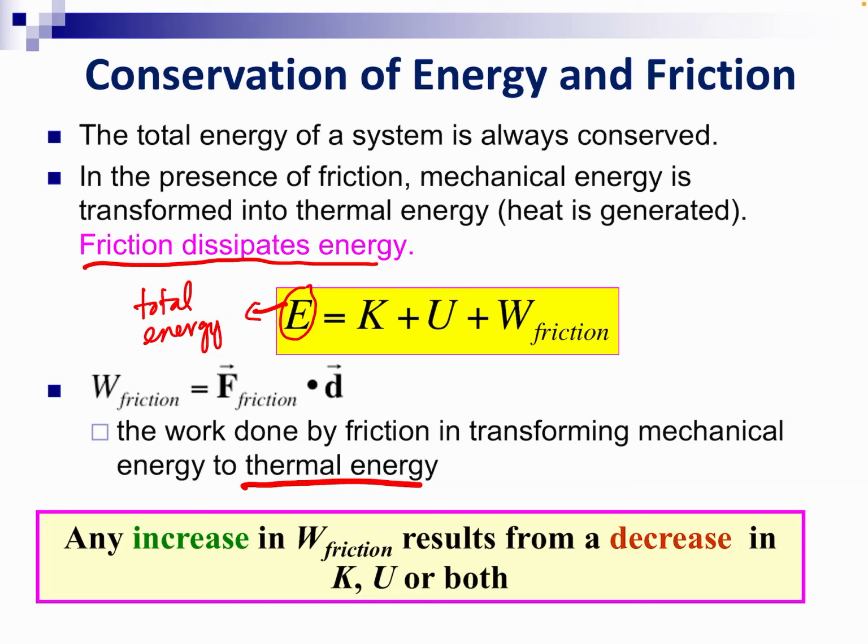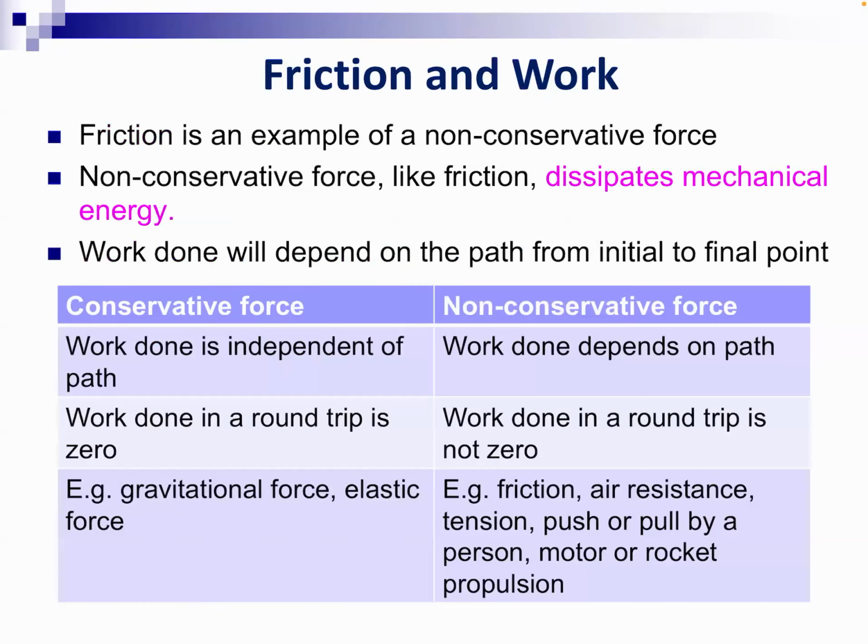As a result of the work done by friction, the kinetic energy needs to decrease, and so this object will slow down eventually to a stop. Friction is then an example of a non-conservative force.